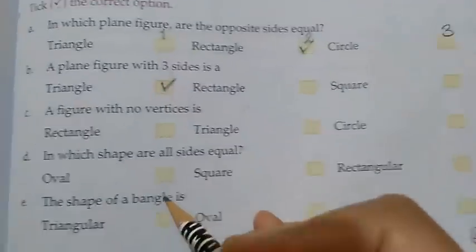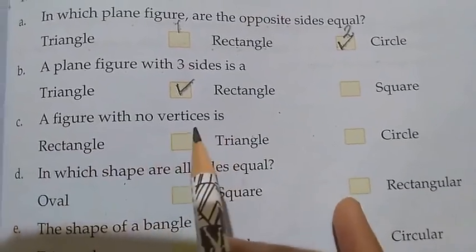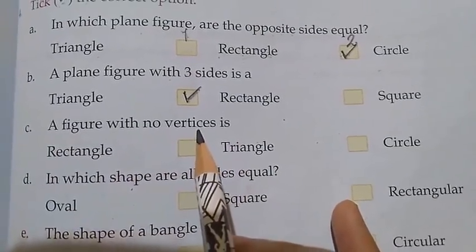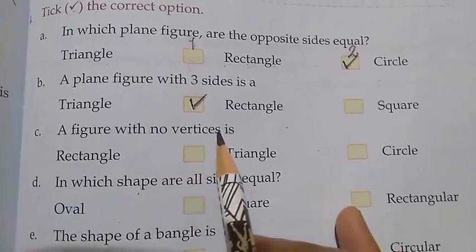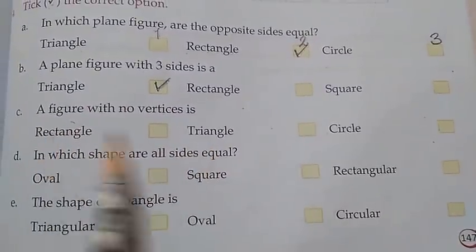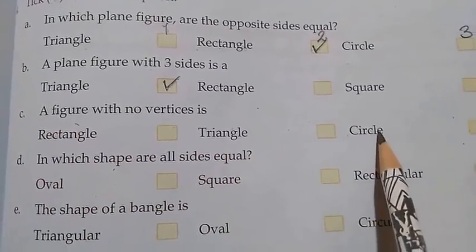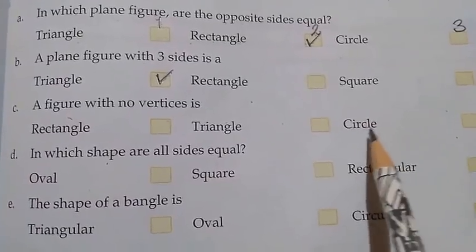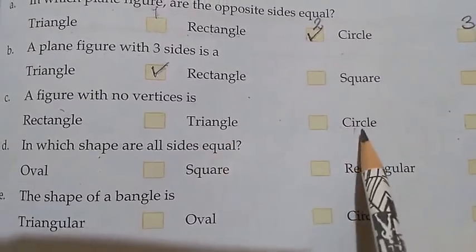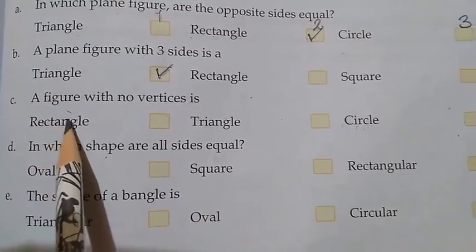Now next is a figure with no vertices. Vertices means corners. Among the given shapes here, which shape does not have any corner? That is a circle. A rectangle has 4 vertices, that means 4 corners.